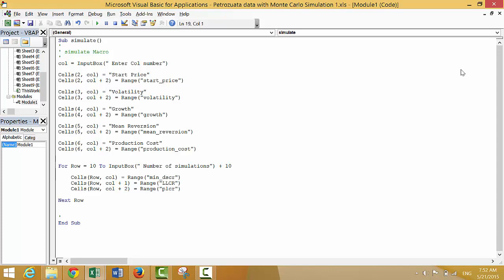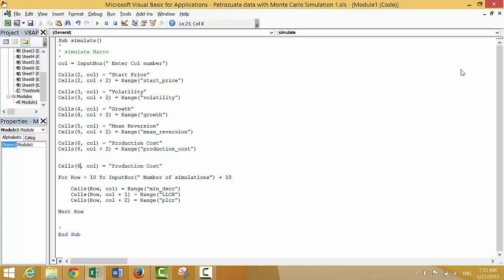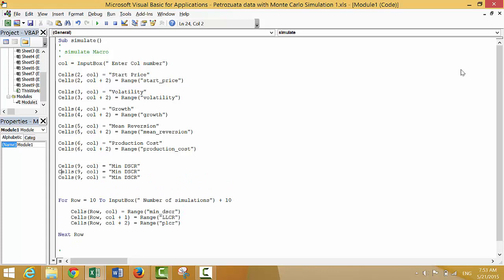And actually what we could do is, if we got really fancy, we could copy this and maybe in row 9 put first, the minimum DSCR in the first one, and then copy this a couple more, and in the next column we'll put the LLCR and the PLCR.